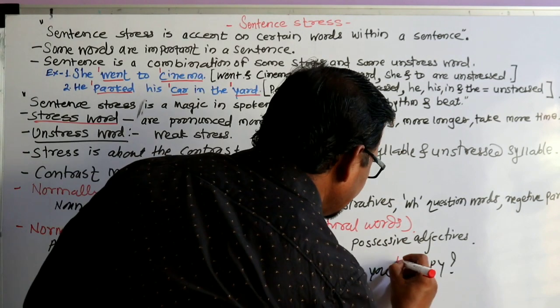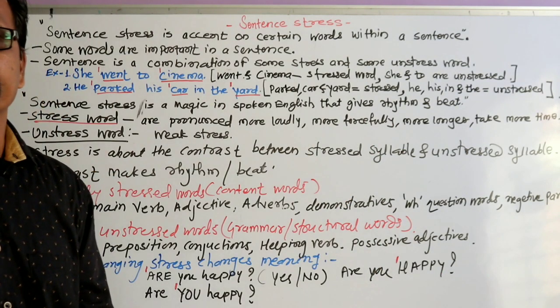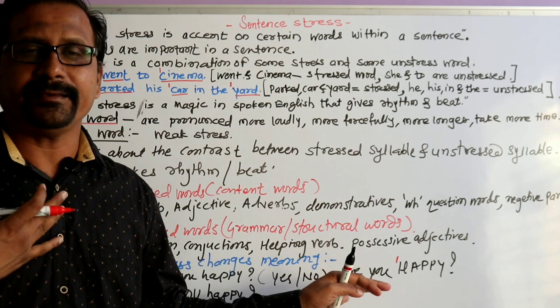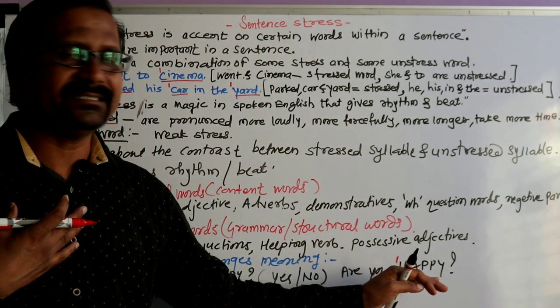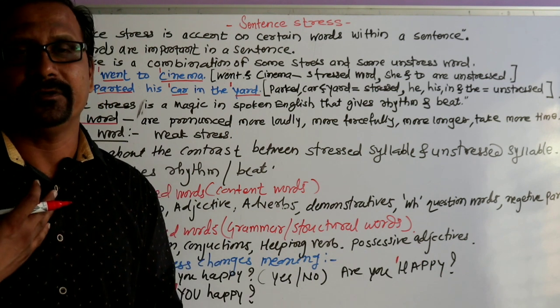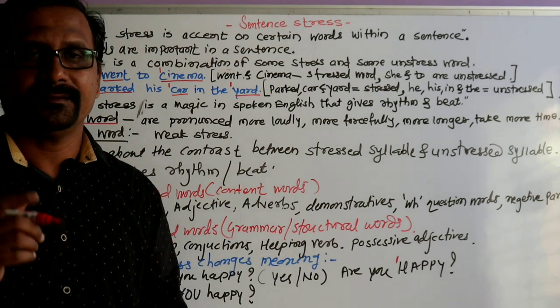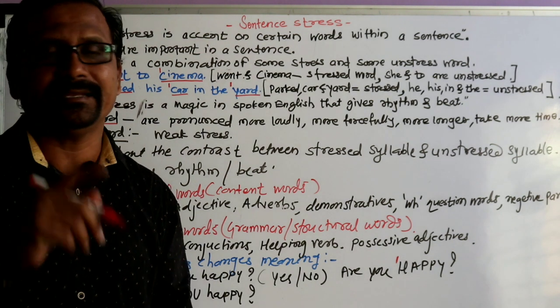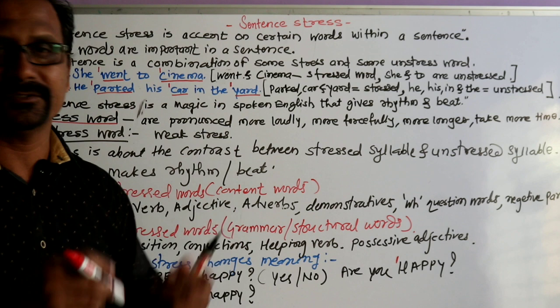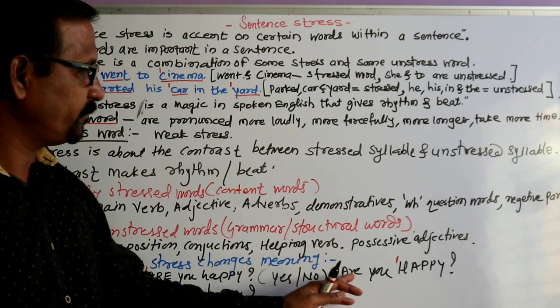And in the last one, the word "happy" is important here. So what would be the answer? What do I expect on tracing the last word? It means that I want to know what kind of state of mind you have now, whether you are sad, happy, or angry, or something else.